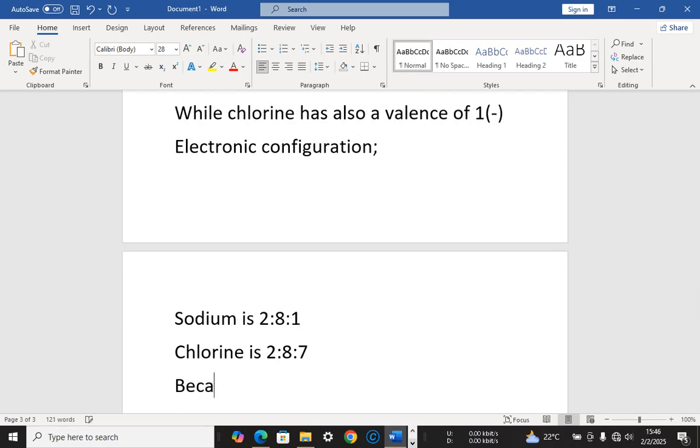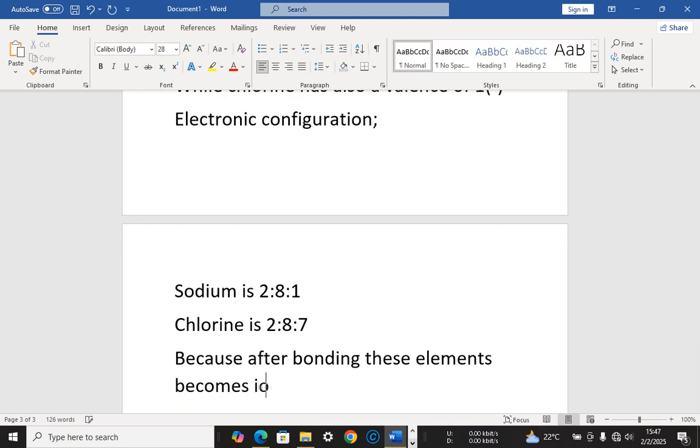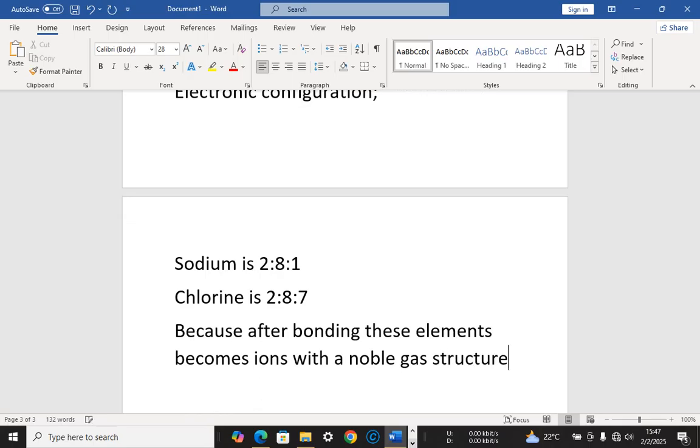Because after bonding, these elements become ions with a noble gas structure, or in brackets it can be called octet. Octet means it is fully complete, it does not need anything, so it can stand on its own.